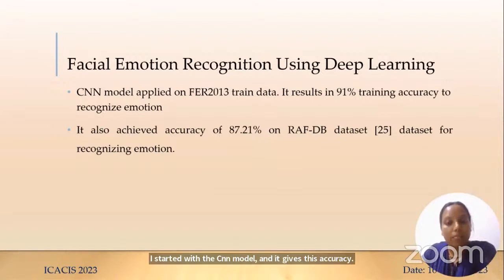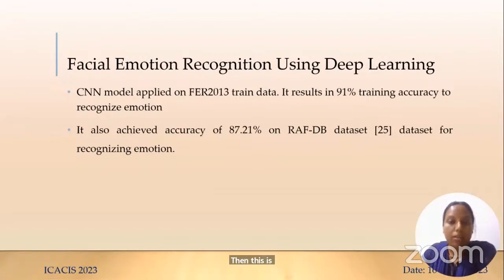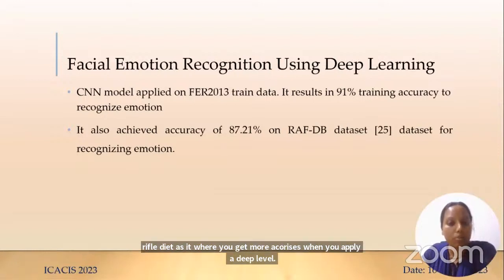When you consider the same CNN applied on the RAF DB dataset, it gives 87.21% accuracy. This is regarding the FER 2013 dataset and the RAF DB dataset, where you get more accuracy when you apply deep learning. Now, this only recognizes the 7 basic emotions.